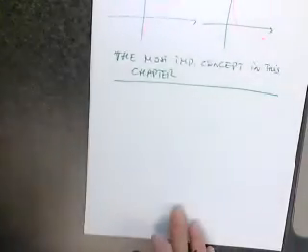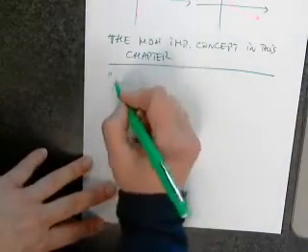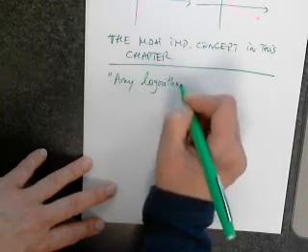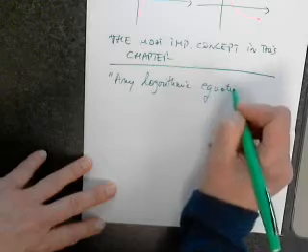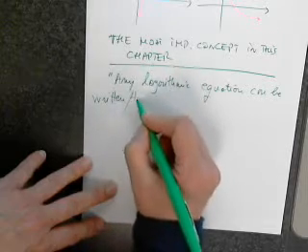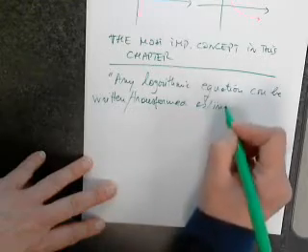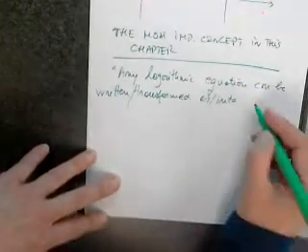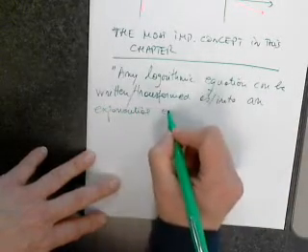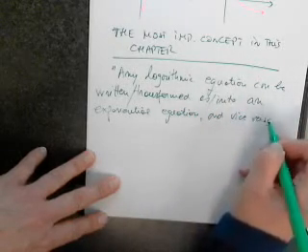The most important concept in this chapter is this. First, in plain English. Any logarithmic equation can be written or transformed into an exponential equation, and vice versa.